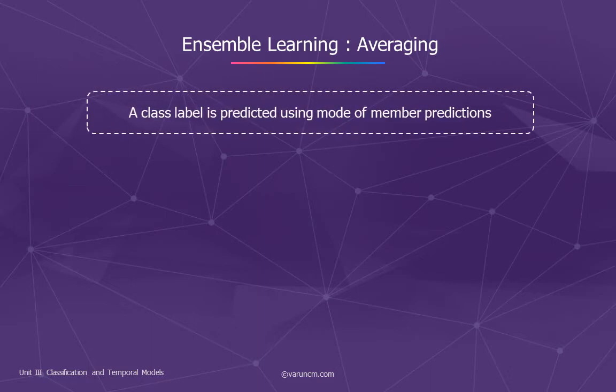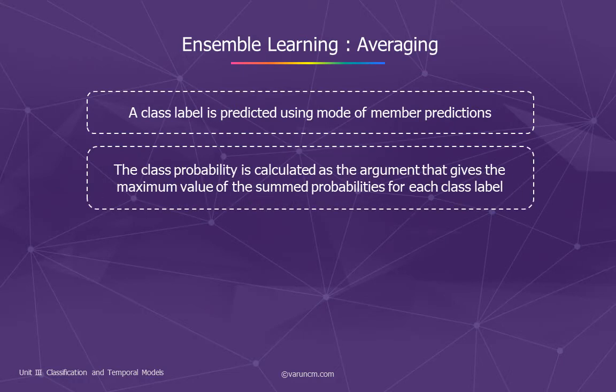A class label is predicted using the mode of member predictions, and the class probability is calculated as the argument that gives the maximum value of the summed probabilities for each class label. We normally say using a term called argmax.